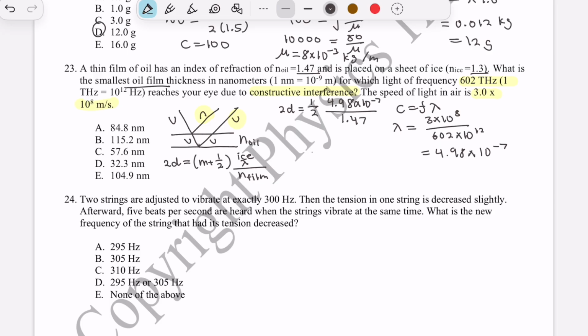Now all you do is solve for d. 5.88d is 4.98 times 10 to the negative 7. d will be 8.47 times 10 to the negative 8 meters, which is 84.7 nanometers, and it's closest to A.